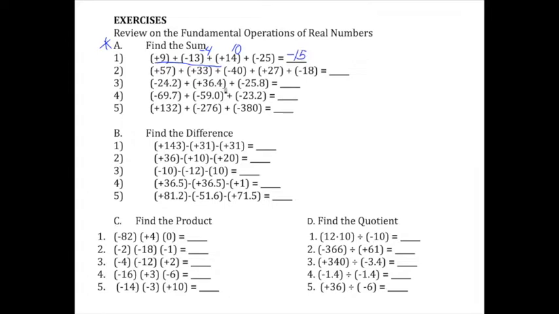For number two, we have 57 plus 33. We can see that this 7 becomes a 10, this 5 and 8 becomes an 80 with a 10, so we have 90 for this part. Take note of that, 90. 90 minus 40 is going to give us 50. We're done here. 50 plus 27 is 77.